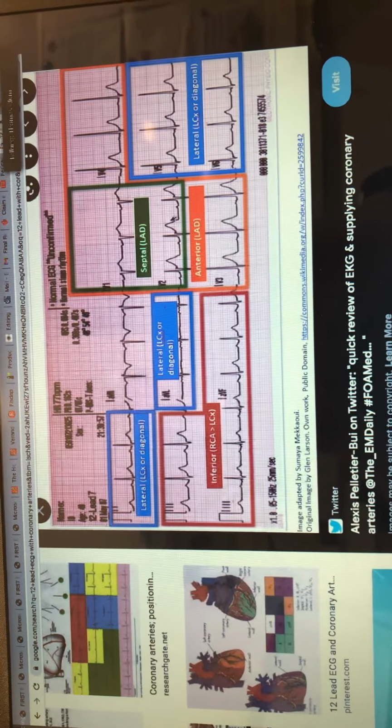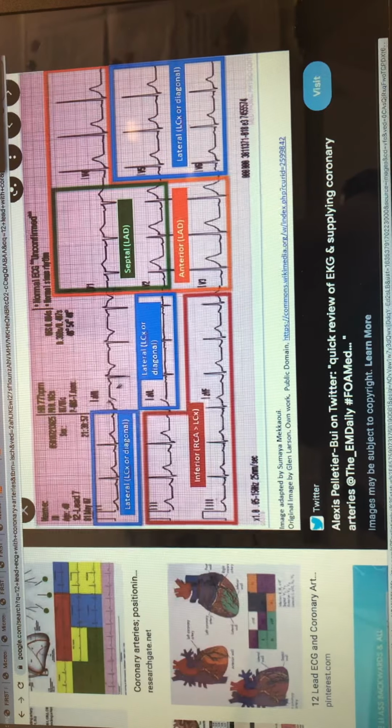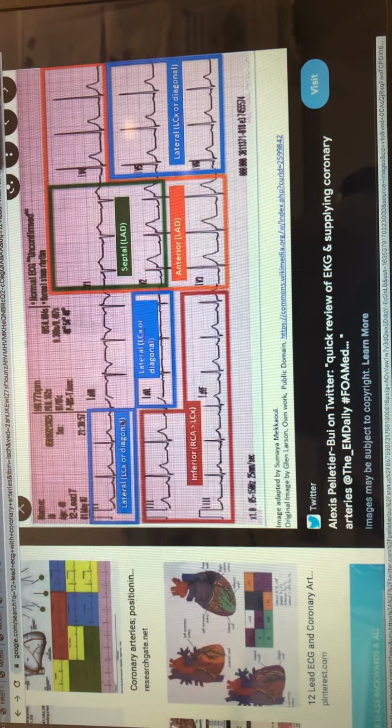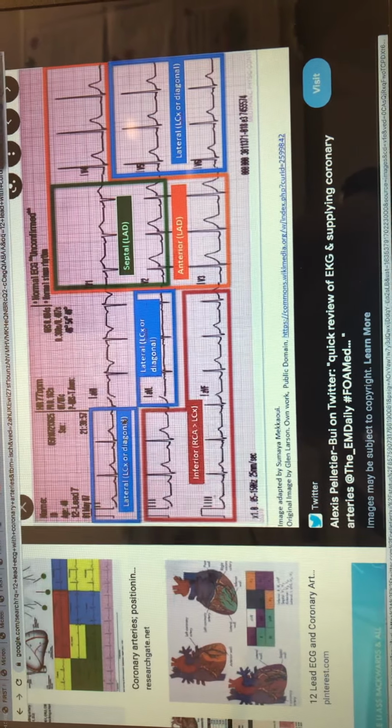So when looking at our 12 lead, the contiguous leads are broken down into your 1 and your AVL, right? If we think about 1 and AVL, we've got lead 1, and then we've got augmented view left.